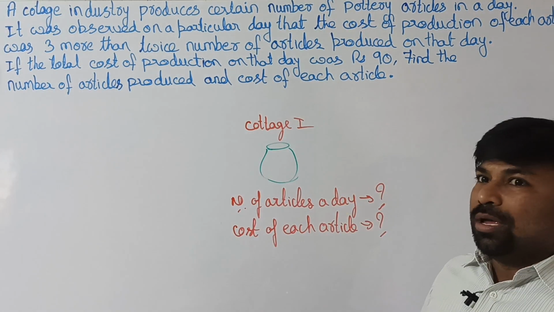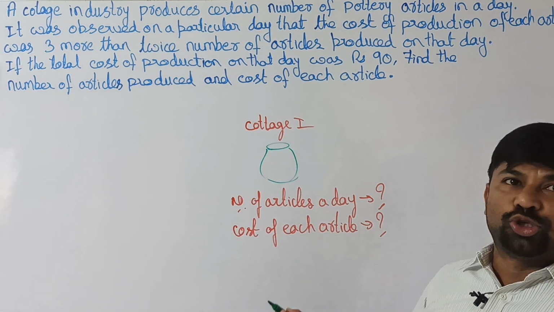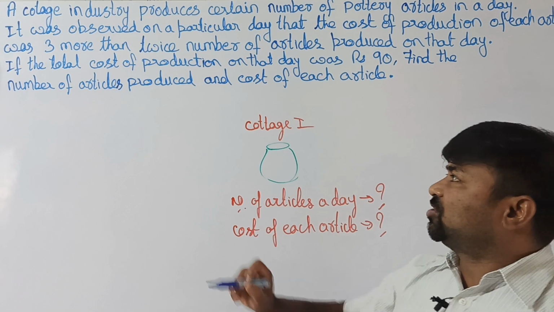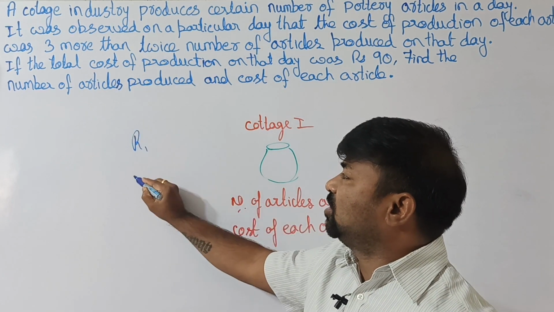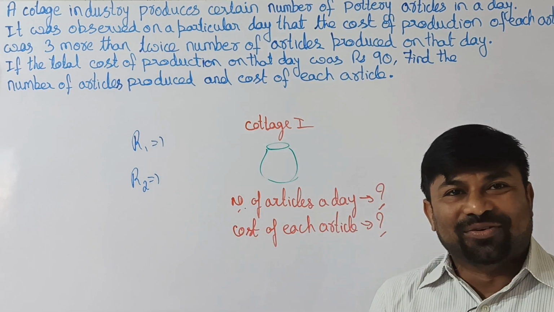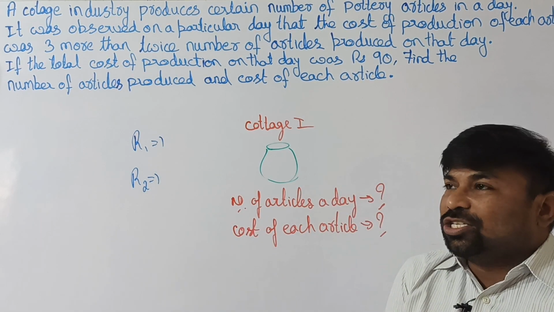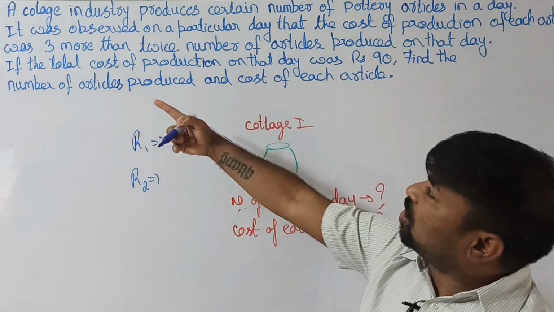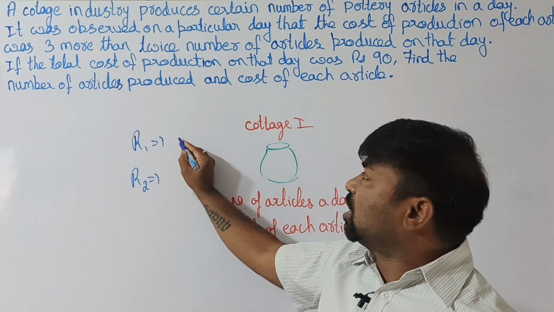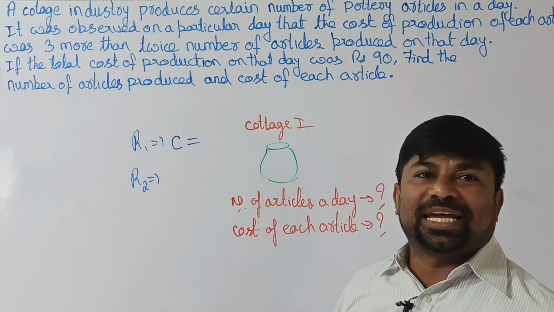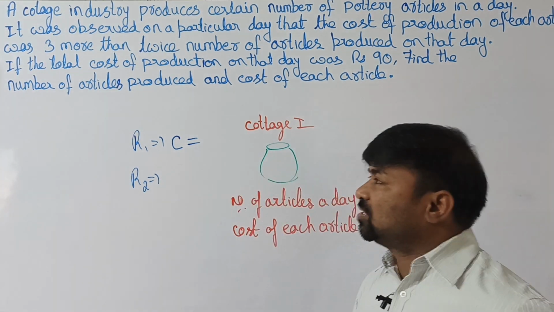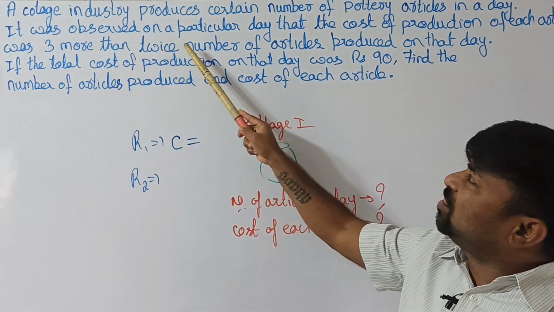So obviously when we have two variables, we need two relations. What kind of relations has he given? The first relation and the second relation. He has given two relations. The first relation is about the cost of production of each article. The cost is related with what? He is using the phrase 3 more than twice.